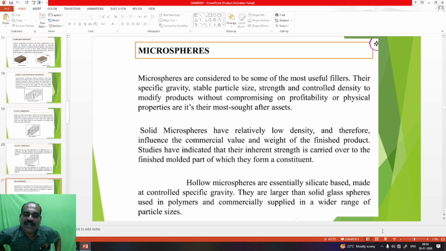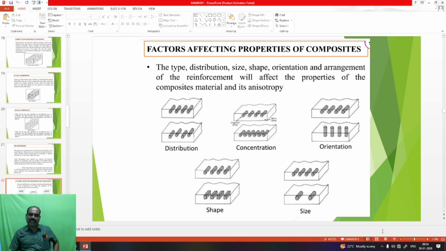Studies have indicated that their inherent strength is carried over to the finished molded part of which they form a constituent. Hollow microspheres are essentially silicate based, made at controlled specific gravity. They are larger than solid glass spheres used in polymers and are commercially supplied in a wide range of particle sizes.